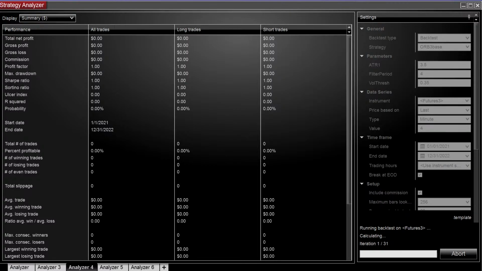That's why I'm only testing the extreme, because maybe it might benefit from having a wider stop if the volatility is so high.